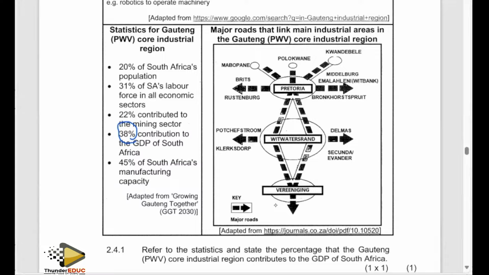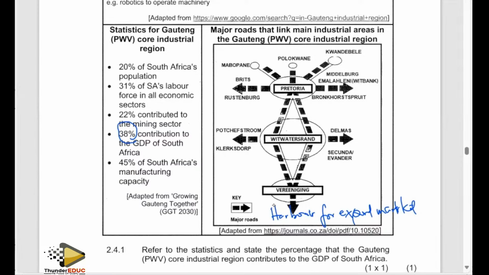This definitely will lead us to the harbors. The major routes are linking to the harbors for the export market. We want the export market to sell the produce from the core industrial region. So if we have a route coming out in this direction, it can lead to the harbors where we go to export the products for the export market.